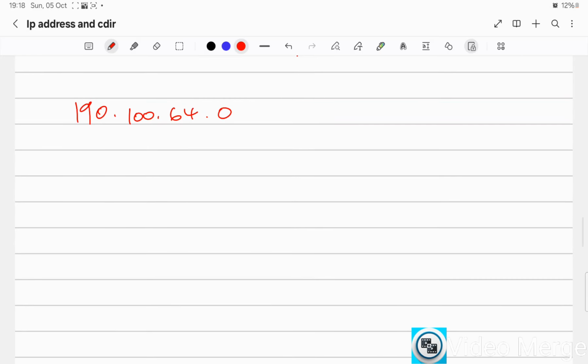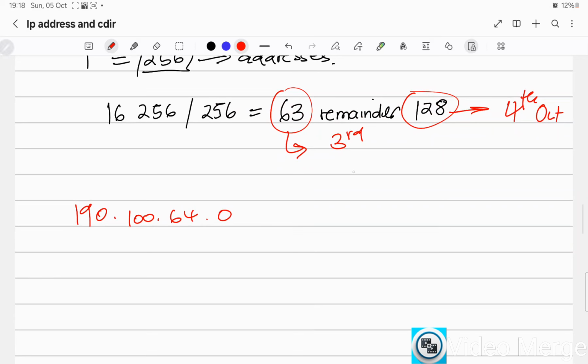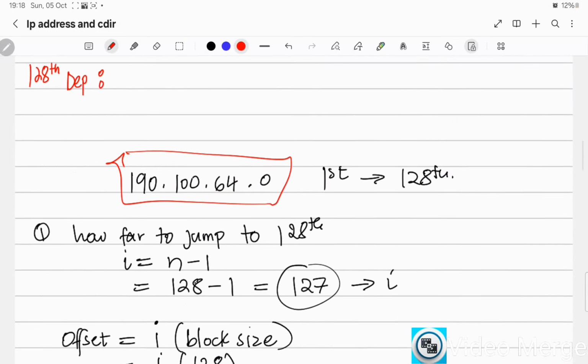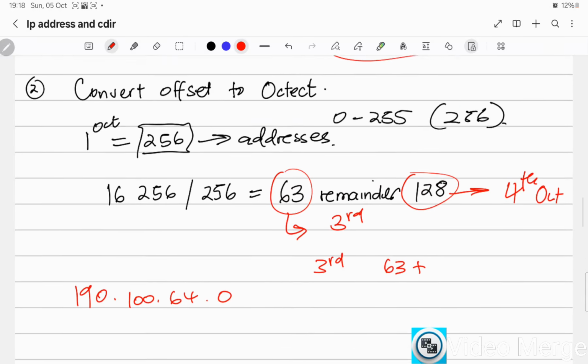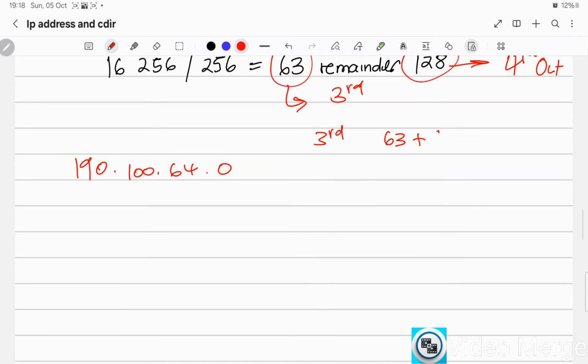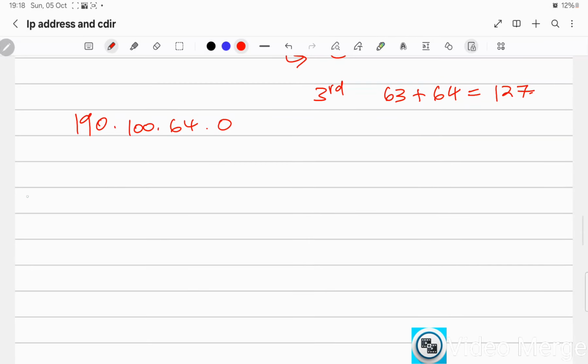So for the third octet, it's 63 plus the current value that we have on our third octet. It's going to be 63 plus 64. This is going to give you 127.